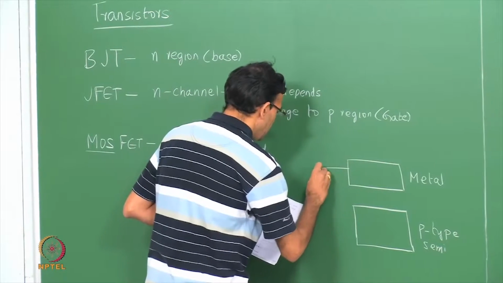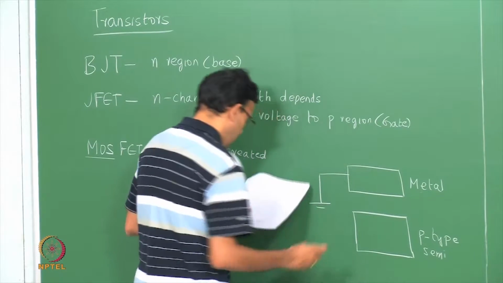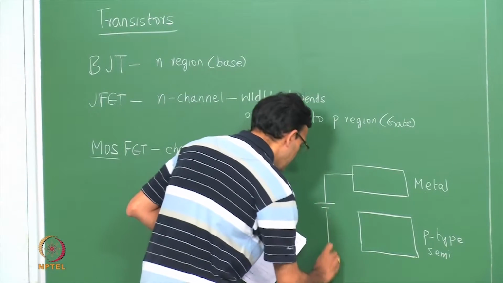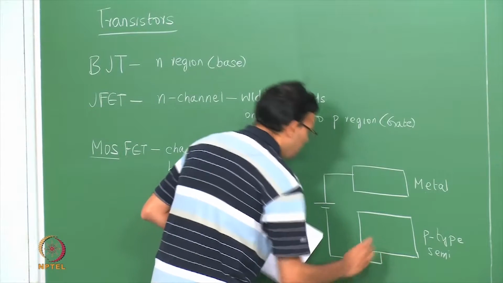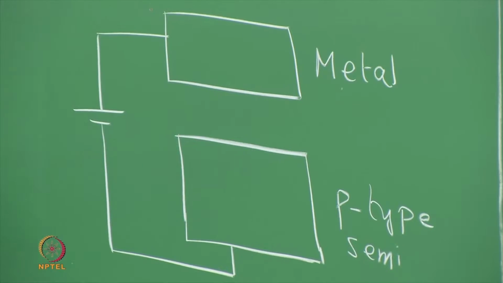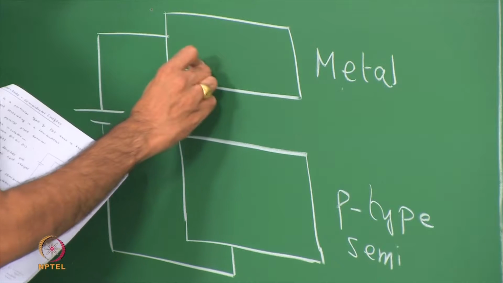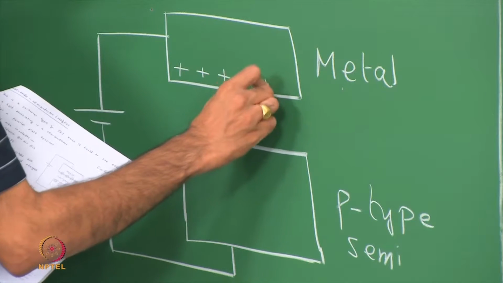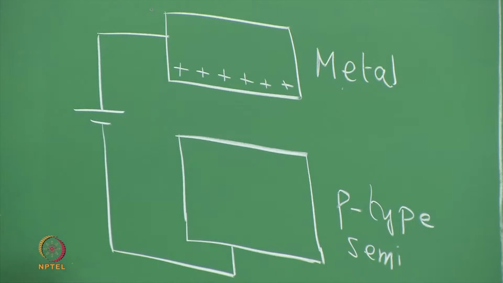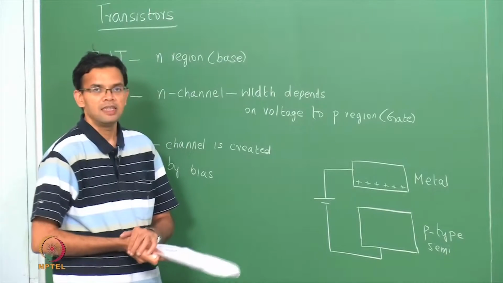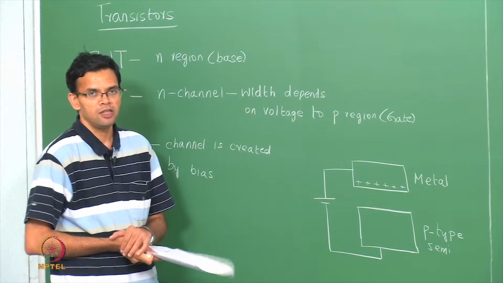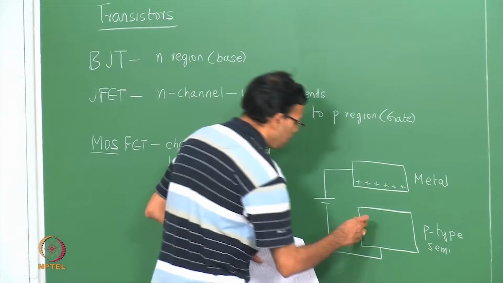So the metal is connected to positive and the p-type semiconductor is connected to negative. In this particular case, you have a positive charge on the metal side. Now there is a negative charge that extends through the p-type material, not only at the surface but also some width within the junction, within the bulk.